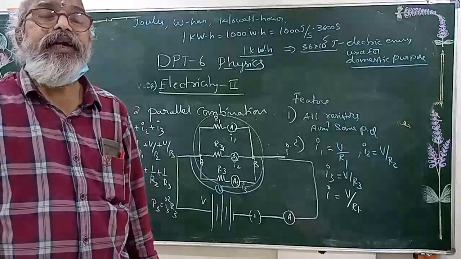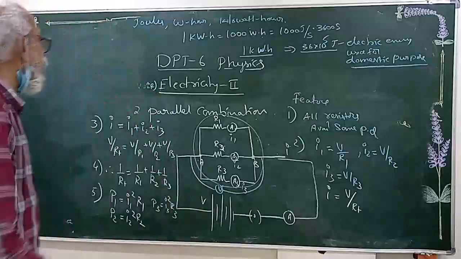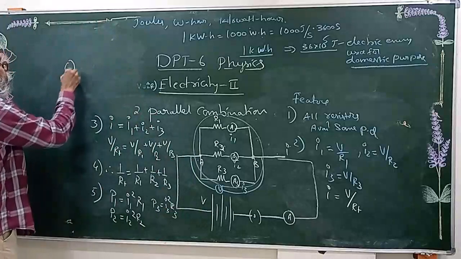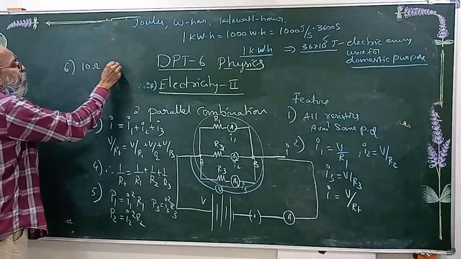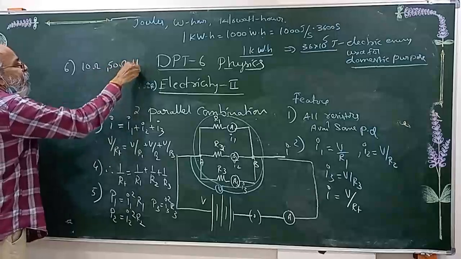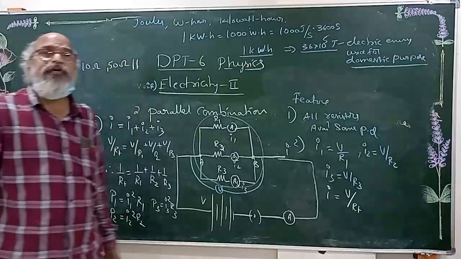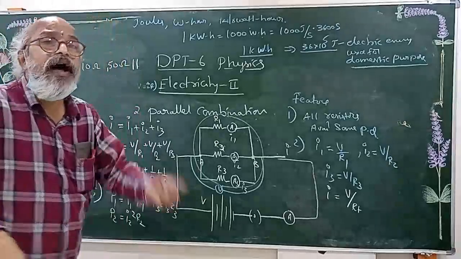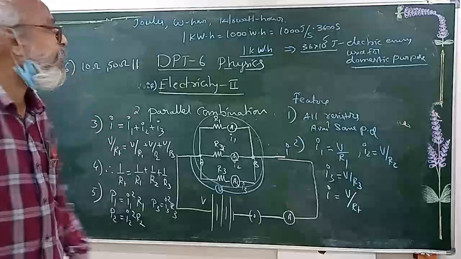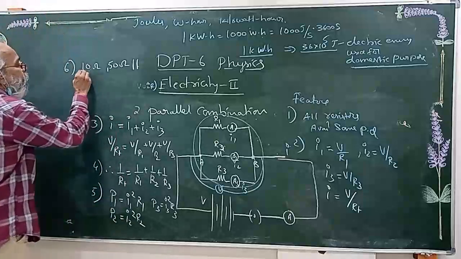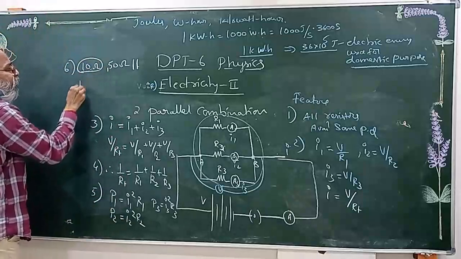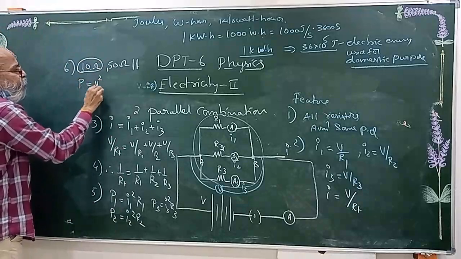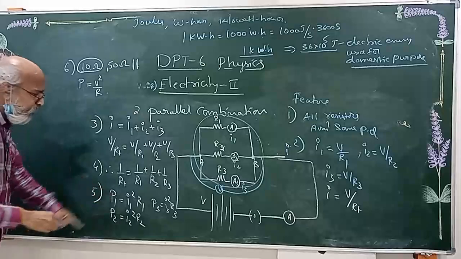Here, who will consume more power? If I connect 10 ohms and 50 ohms in parallel, then who will consume more power? Here the lesser resistance will consume more power because all are provided with the same potential difference. Therefore, the lower resistance, because power consumed here depends on V square by R. Here also you have to take V square.